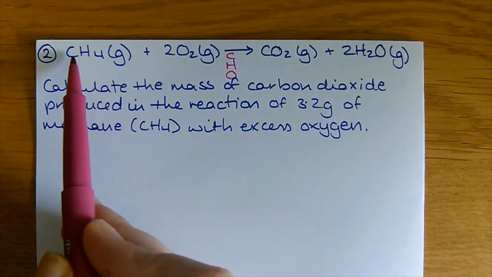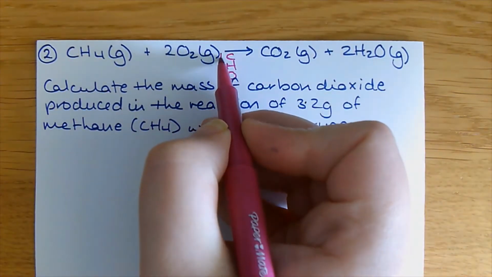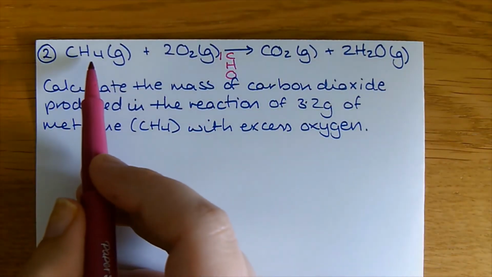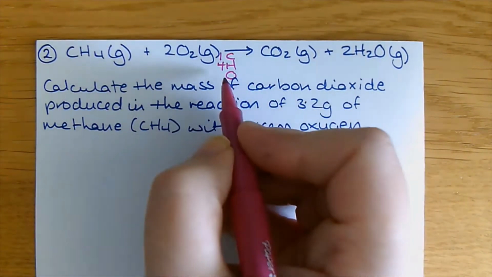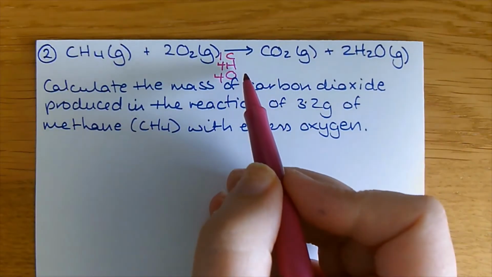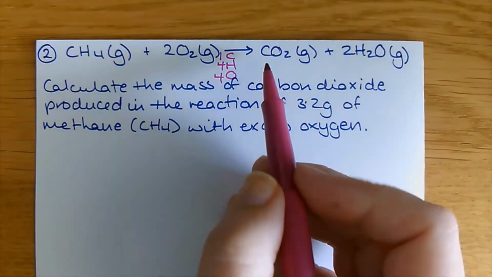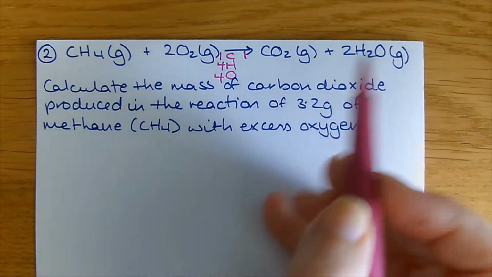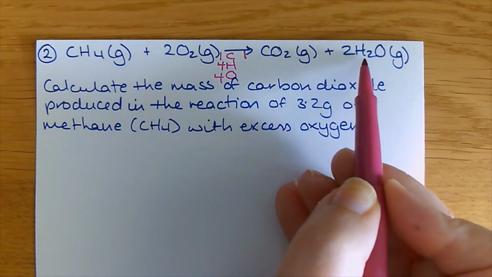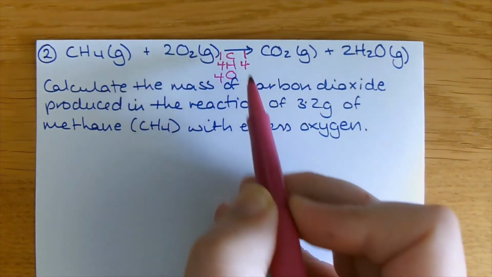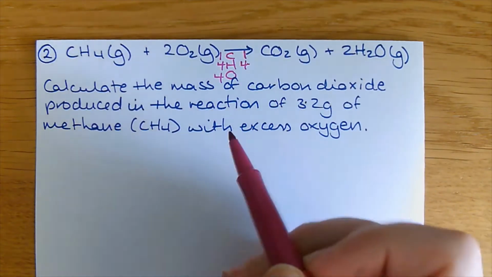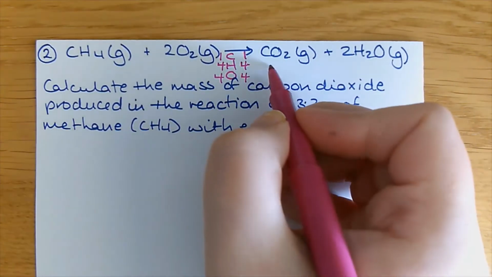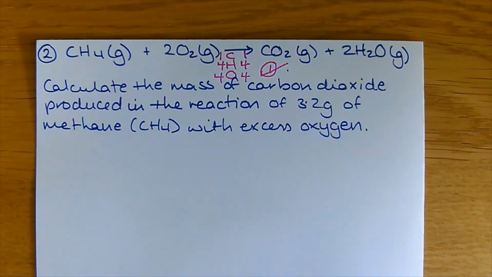So on the reaction side, we've got 1 carbon, hydrogens we have 4, and oxygen 2 times 2, so we've got 4 oxygens. On our product side, we've got 1 carbon. For hydrogens, we have 2 times 2, which is 4, and for oxygen, we have 2 here and 2 over here, so again that's 4, so it is balanced, so we can say step 1 is done, our equation's balanced.